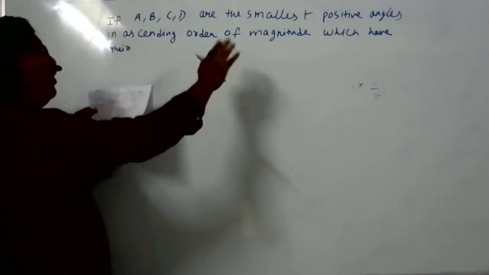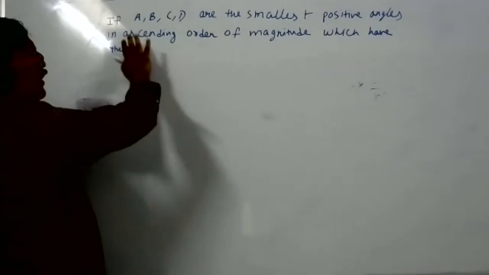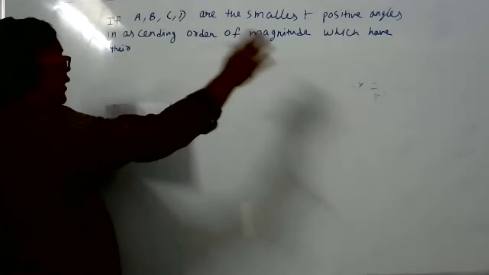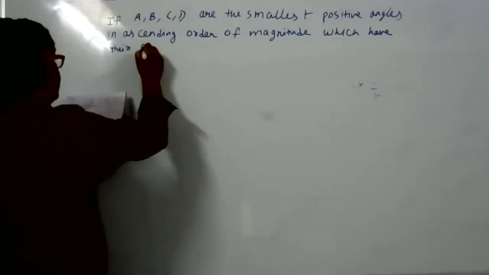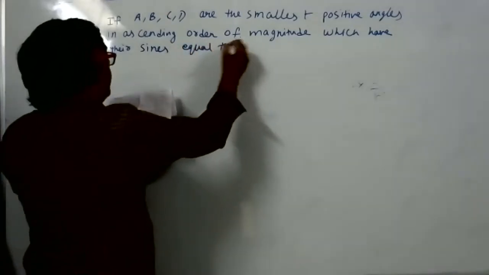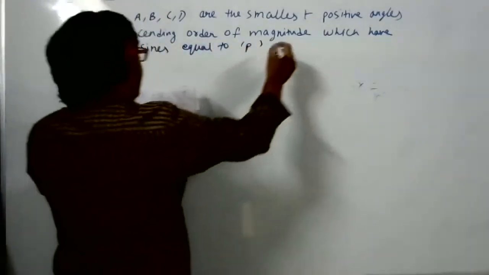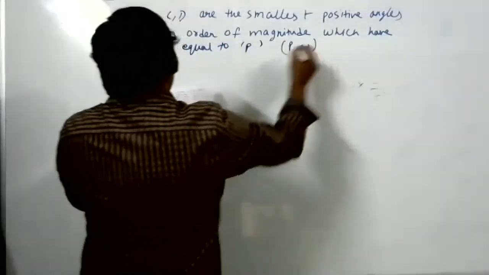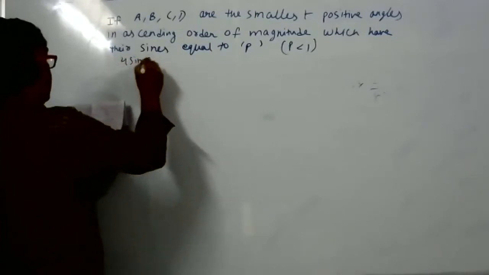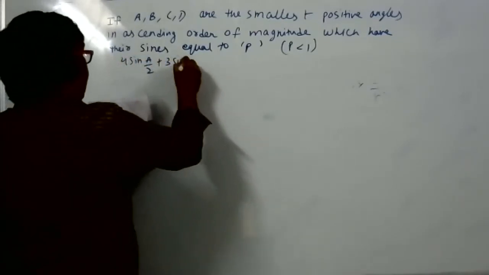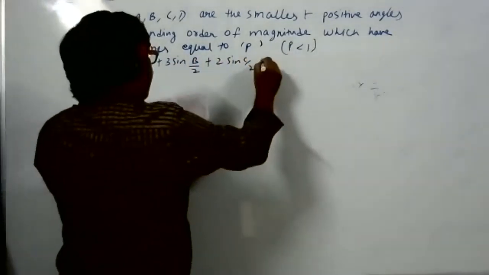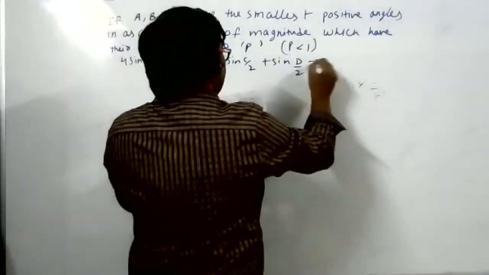So here also, the 4 smallest positive angles in ascending order of magnitude, which have their sine equal to the positive value P, P less than 1, obviously P will be less than 1. Then we have to find the value of 4 sin A by 2 plus 3 sin B by 2 plus 2 sin C by 2 plus sin D by 2 is equal to.